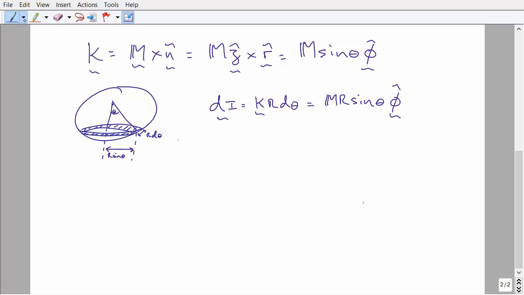Okay, so there is our current flowing around this loop here, and to calculate the contribution to the dipole moment, we would multiply by the area, A, and the dipole moment would be in the direction of the surface normal, which will be in the z hat direction. So we obtain the following.